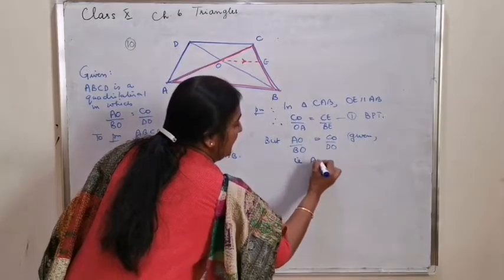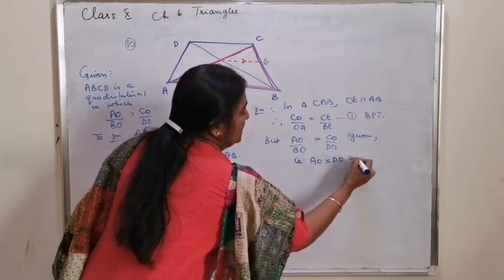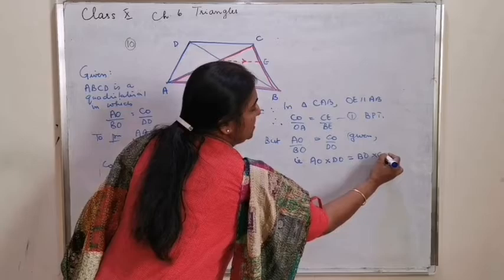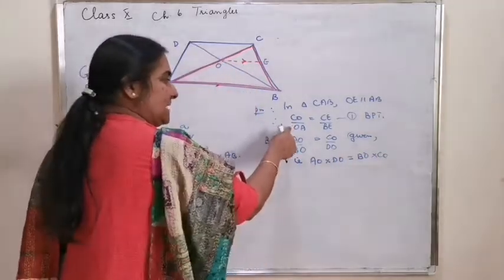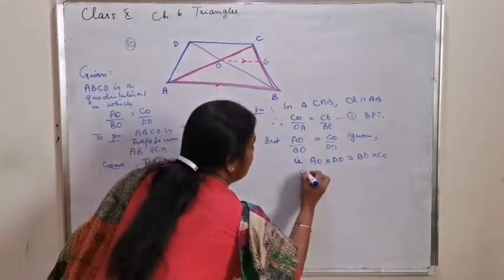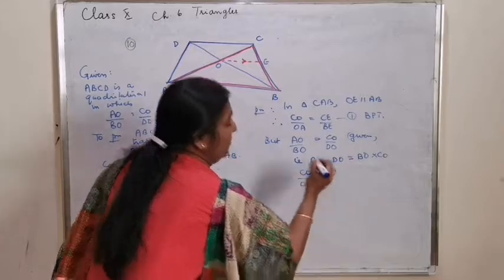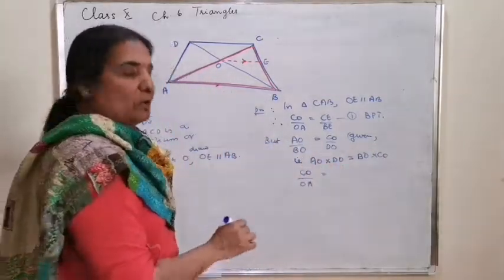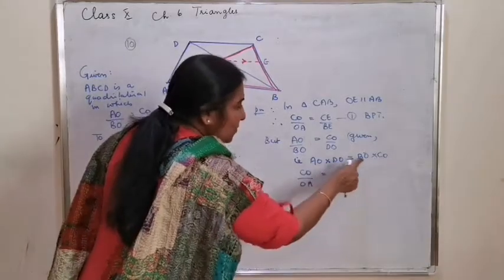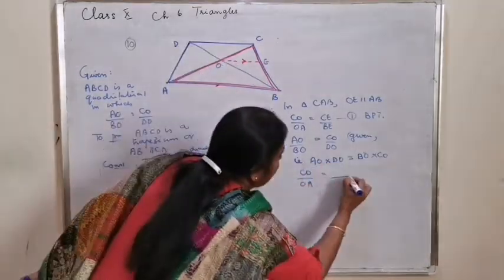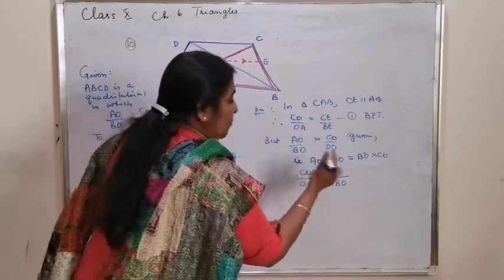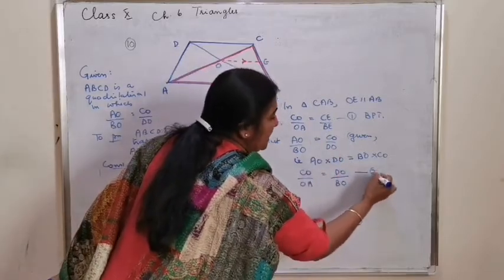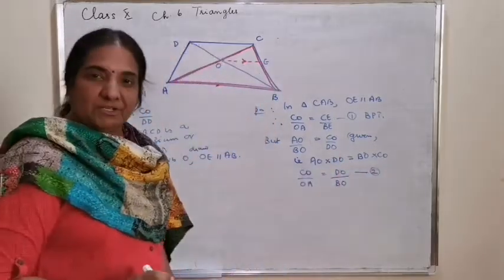That is AO into DO is equal to BO into CO. Arrange as they wanted, that is CO by OA. Now, before writing the other side, adjust the product. Along with CO, the product is BO, it is here. Along with OA, it is DO. Equation number 2. Just an arrangement.